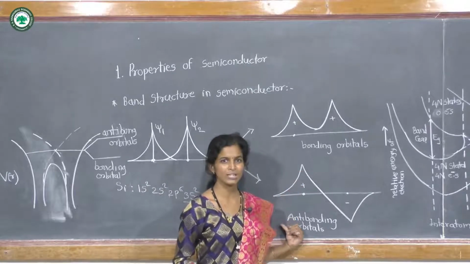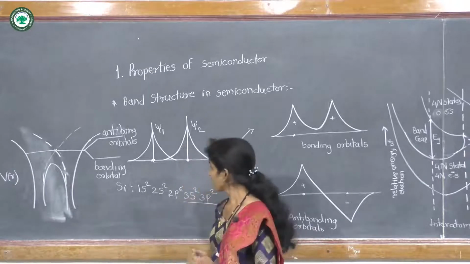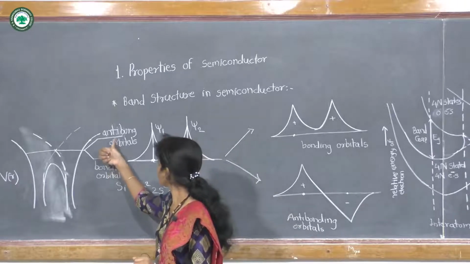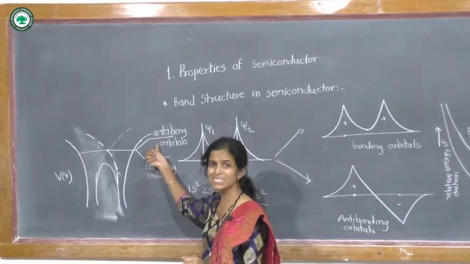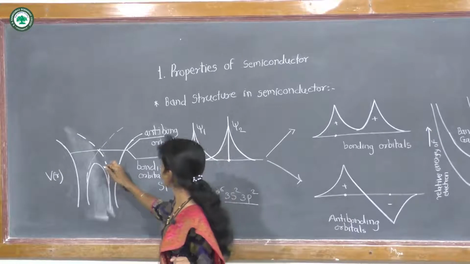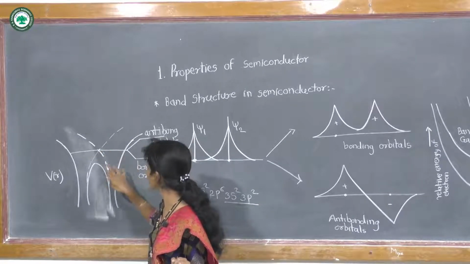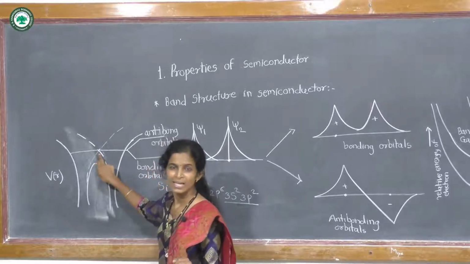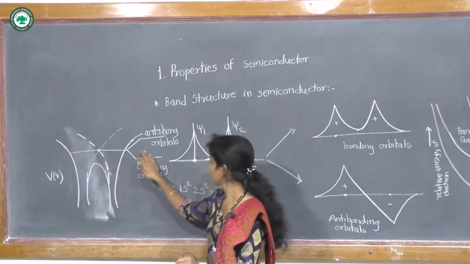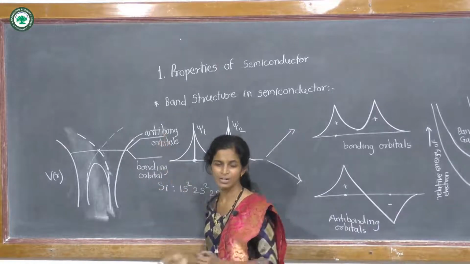So we see the antibonding orbital has much higher energy than the bonding orbital, and the potential energy for the bonding orbital when the electron is found in between the two nuclei is much lower than that of the antibonding orbital.